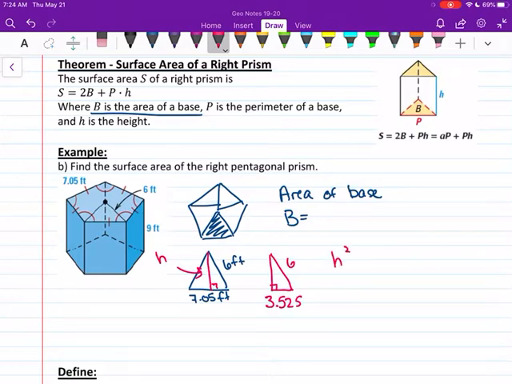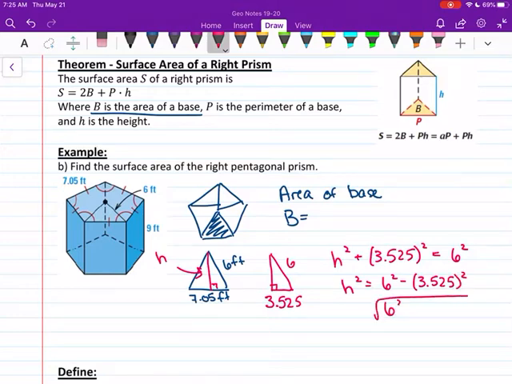So if I do h squared plus 3.525 squared equals 6 squared, I'm going to get that h squared equals 6 squared minus 3.525 squared, and then I take the square root of all of that.